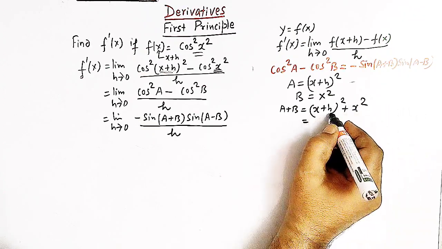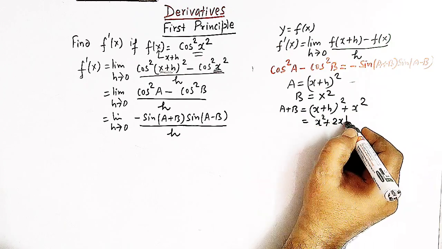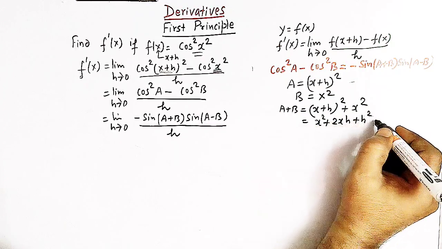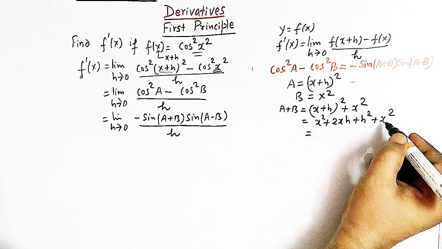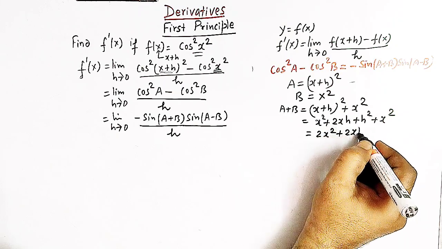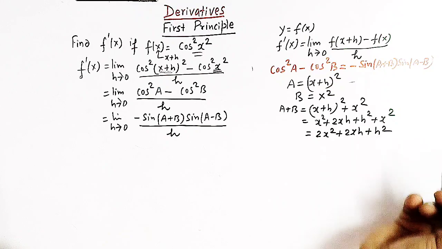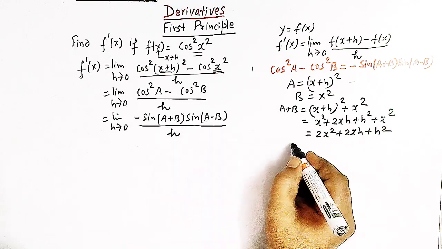So here we have a plus b square, so this is x square plus 2xh plus h square plus x square, right? So x square plus x square is 2x square, here we have 2xh, and here we have h square, right? So now let us calculate a minus b.